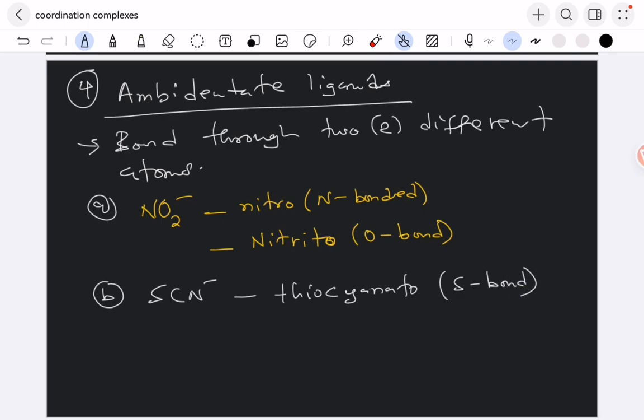But when it's bonded through nitrogen, the name changes to isothiocyanato. So it means it's bonded through nitrogen. So those are the 4 types of ligands that we are going to encounter in coordination complexes.